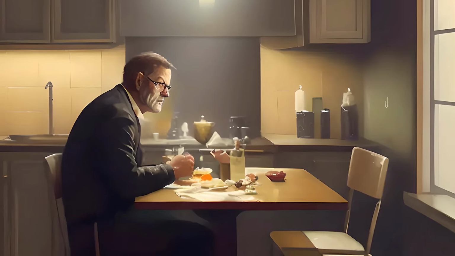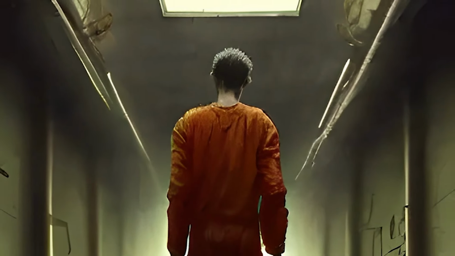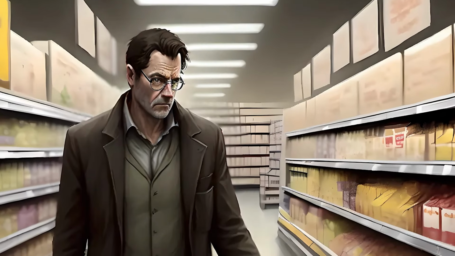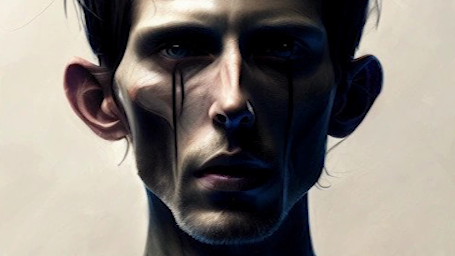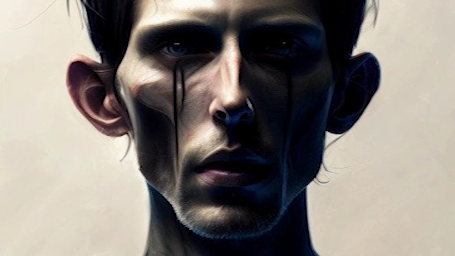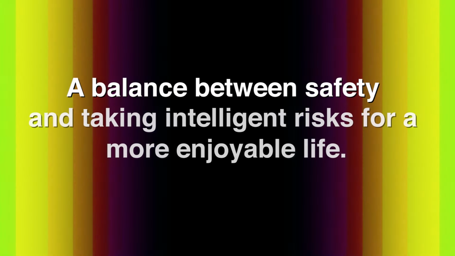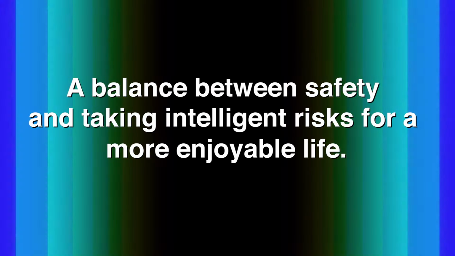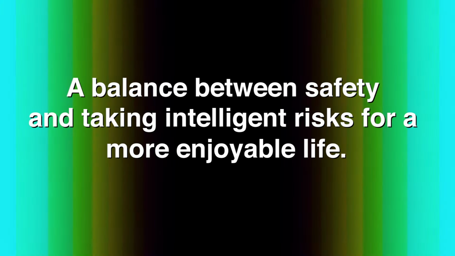However, since the drug dealer engages in illegal activities, he's eventually sent to prison, while the cop continues a boring life. Through this narrative structure, the main character could learn that neither cutting corners nor a safe and boring life are the best ways to live. Instead, it could be a balance between safety and taking intelligent risks for a more enjoyable life. That could be the character's need in this hypothetical story.